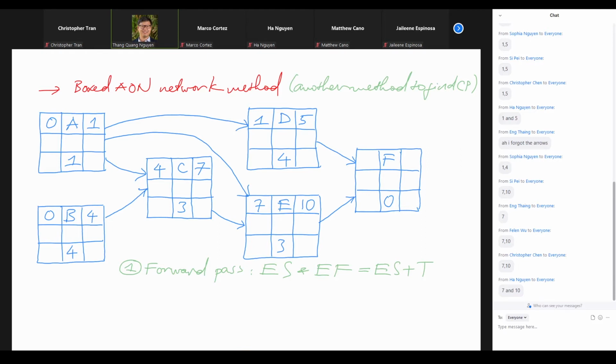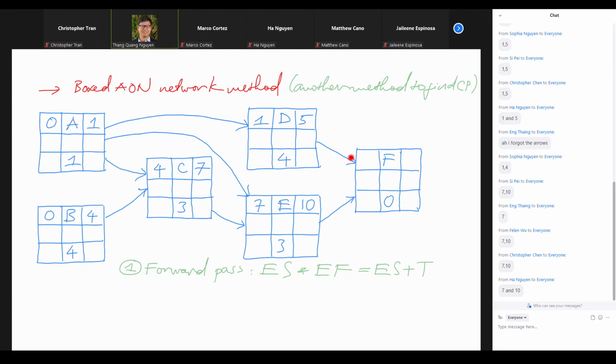Okay, so that's the E activity, and the F activity is easy now, right? When we look at F, there are 2 arrows before F. We have to honor these 2 arrows, right?